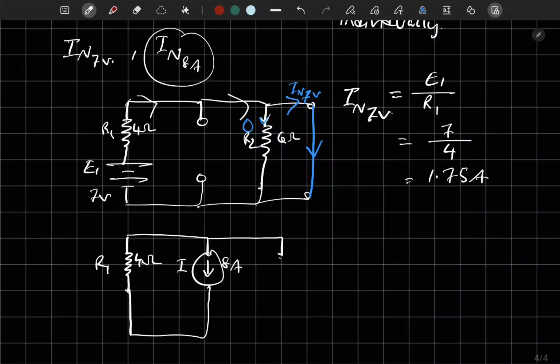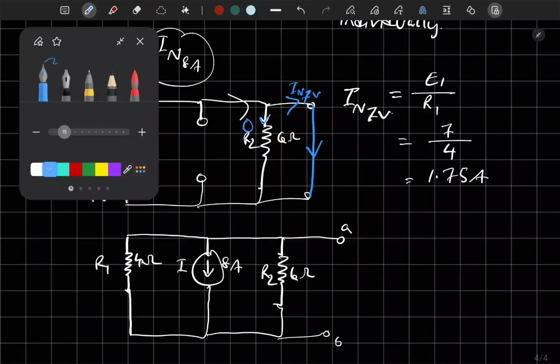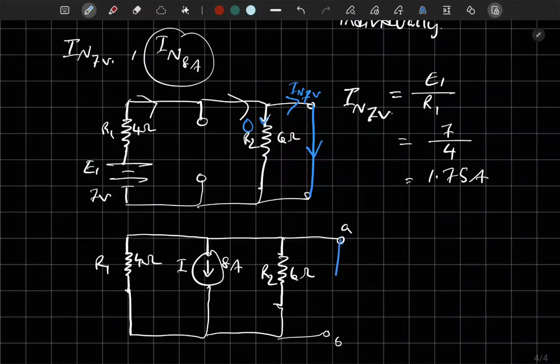And we have the other resistor, which is R2 6 ohms. And then the load terminals A, B. And then we will short this. Let's not write IN here.